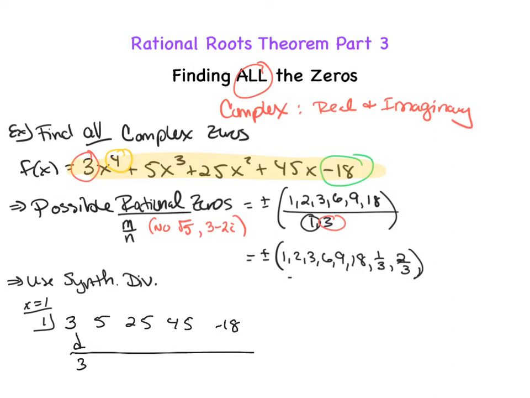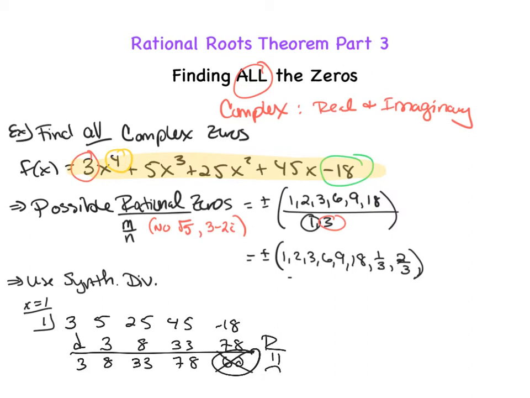Bring down the 3. 1 times 3 is 3. 5 plus 3 is 8. 1 times 8 is 8. 25 plus 8 is 33. 1 times 33 is 33. Ooh, these are getting big. 45 plus 33 is 78. 1 times 78 is 78. And negative 18 plus 78 is not 0. We have remainder 60, which is not good.